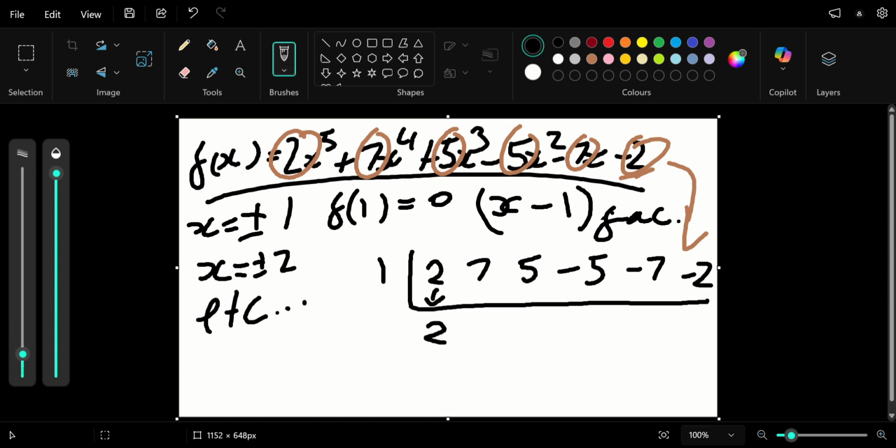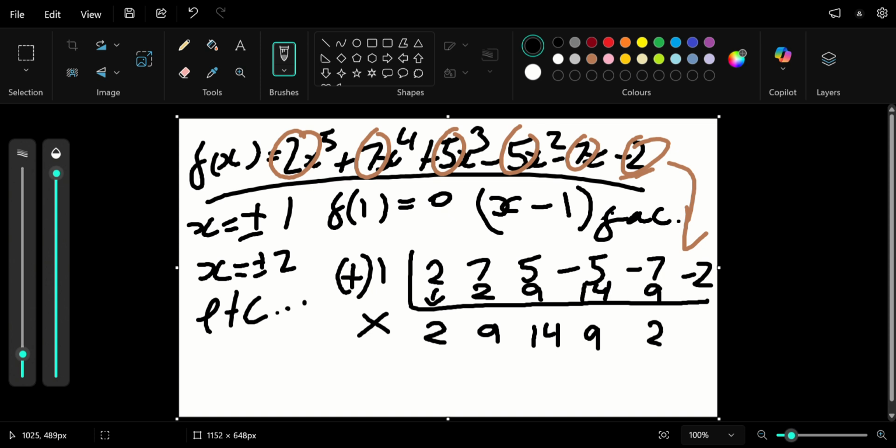Now, with whatever result we have on the bottom, we multiply it by our factor, and our factor in this case is 1. So 1 times 2 is 2. And whatever we have inside our little reverse bus stop, we add. 7 plus 2 is 9. 9 times 1 is 9. 9 plus 5, 14. 14 plus minus 5, 9. 9 times 1, 9.